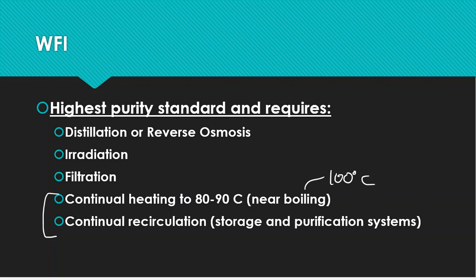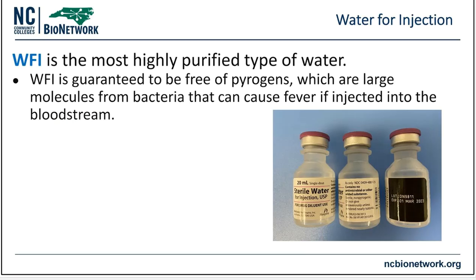So we've got to continue to recirculate it, so that way we don't set up these types of problems. So that water from one vat will go and it will leave, and it will go to another vat, and then it will return, and then it will just recirculate over and over and over, normally through the storage area and the purification area. So this constantly recycles back and forth as much as possible.